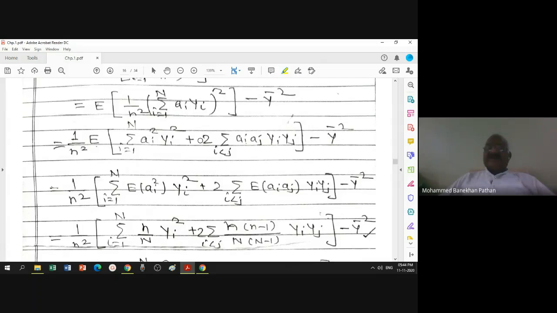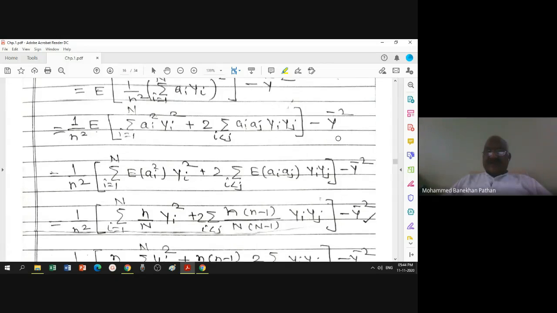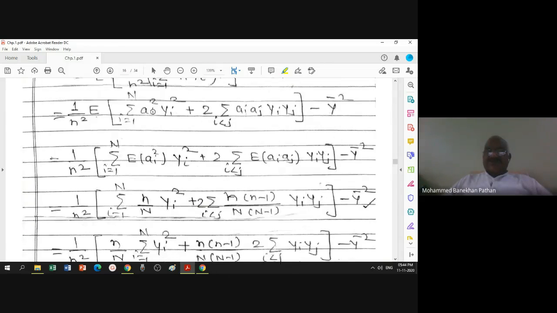Just like (x plus y) whole square is x square plus y square plus 2xy. So this 2 comes in if you say i less than j, minus y bar square. Take expectation inside. It goes only for the indicator variable, because after putting the indicator, this becomes constant, this becomes constant.